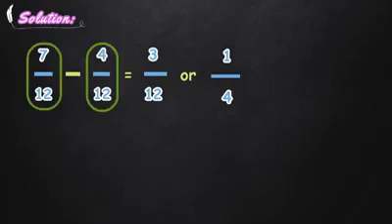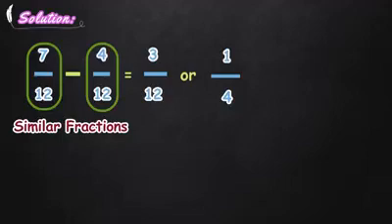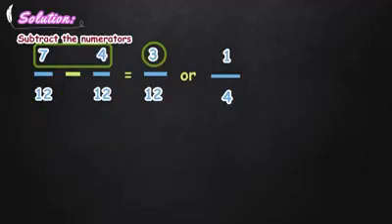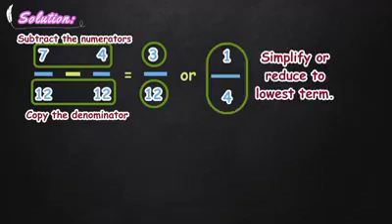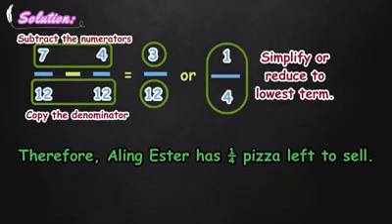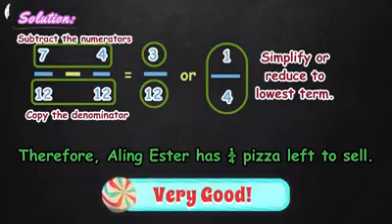Yes, since 7/12 and 4/12 are similar fractions, we subtracted the numerators, then we copied the denominator and we simplified or reduced our answer to its lowest term. Therefore, Aling Esther has 1/4 pizza left to sell. Did you understand, kids? Very good.